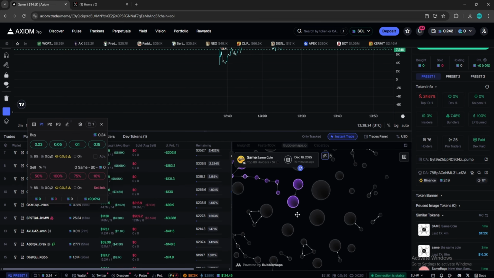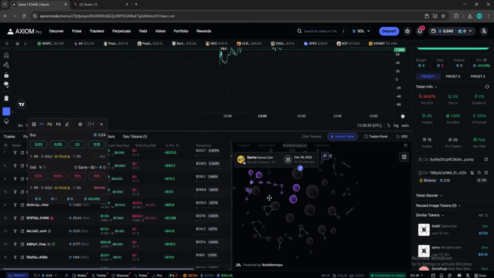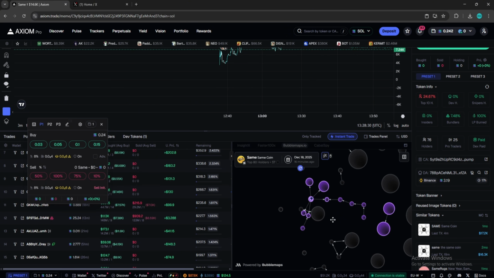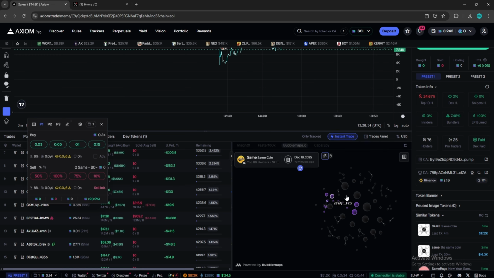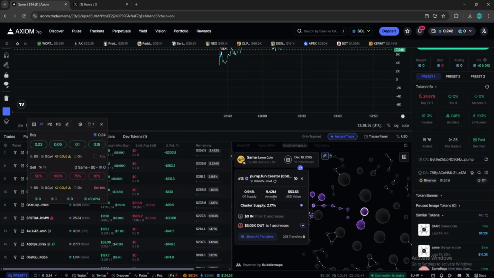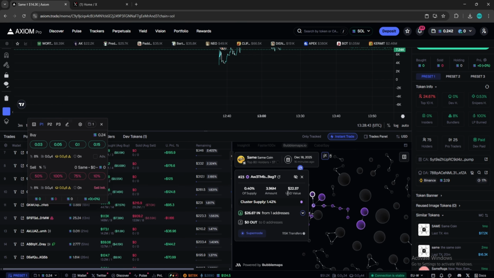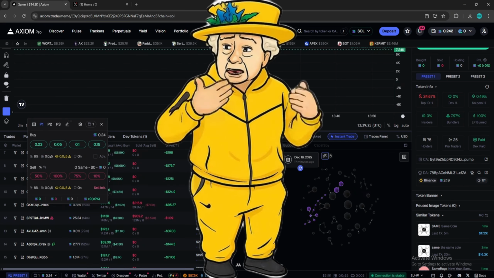So this wallet and that wallet are connected, so that's a bundle. This is a relatively big bundle. This wallet, all connected. If you click on it, this wallet holds 0.9%, nothing. This bundle holds 0.4%, nothing. But yeah, that was the bundles.